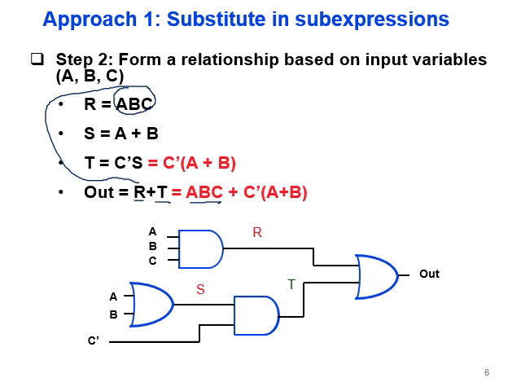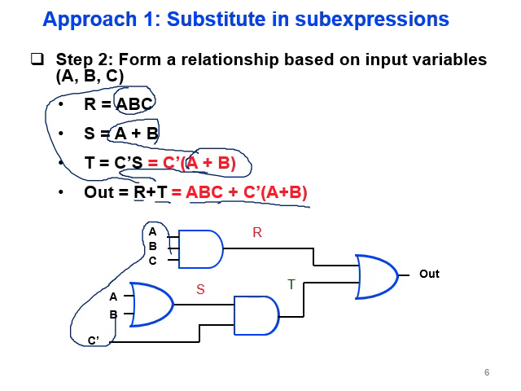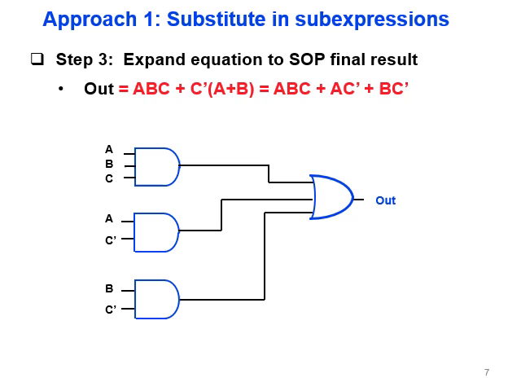And T is this part, but at the end it is this part, because I need to substitute for S. And this part is S. You see? So how does the output look now? It looks like an expression in terms of A, B, C, and C dash. These are my inputs, as you can see here. So don't forget, we started from the logic gate circuit and we moved toward the expression or the equation.